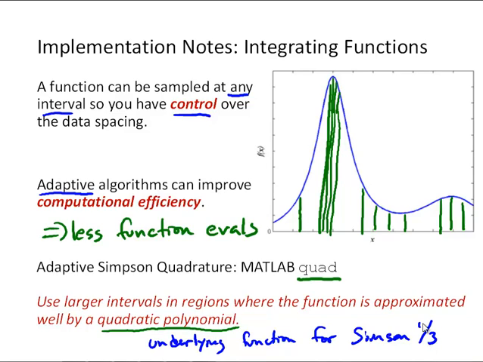And then smaller intervals where it needs to capture that behavior of the function. The way that it basically works is it calculates the integral using one set of intervals and then a smaller set of intervals and compares the results to decide whether or not to use that smaller set of intervals or decrease it further. And we'll talk a little bit more about adaptive quadrature in a future video. But that concludes this discussion of the Newton-Cotes formulas for now.